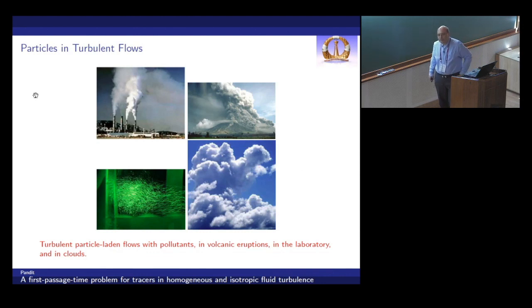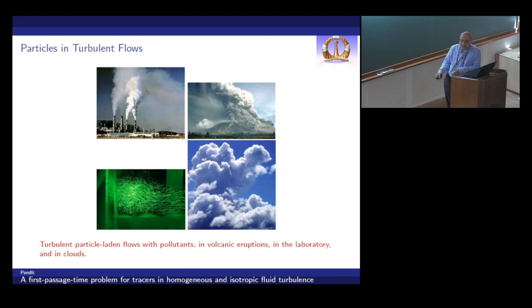And then, of course, all of you who have suffered through any polluted city anywhere in the world will know that particles are advected by turbulent flows. So you see pollutants here, you see a volcano going off here, and the ash from a volcano can decide whether your flight takes off or not. You can study these tracers in a controlled way in a lab. This, I think, is from the lab of Eberhard Bodenschatz.